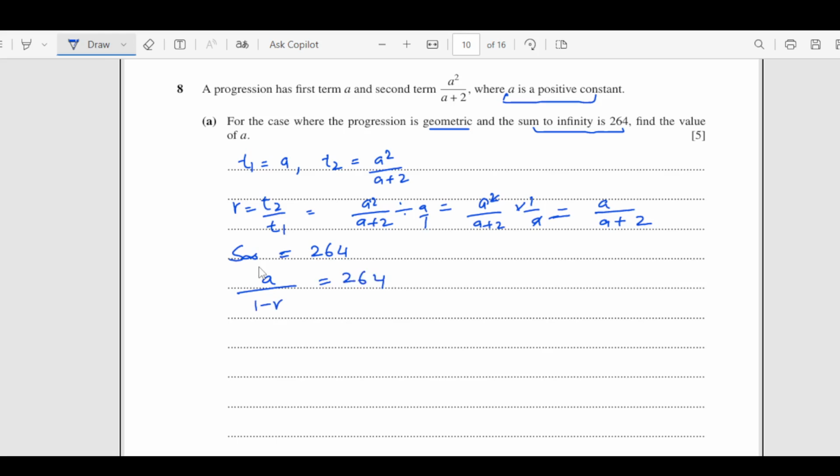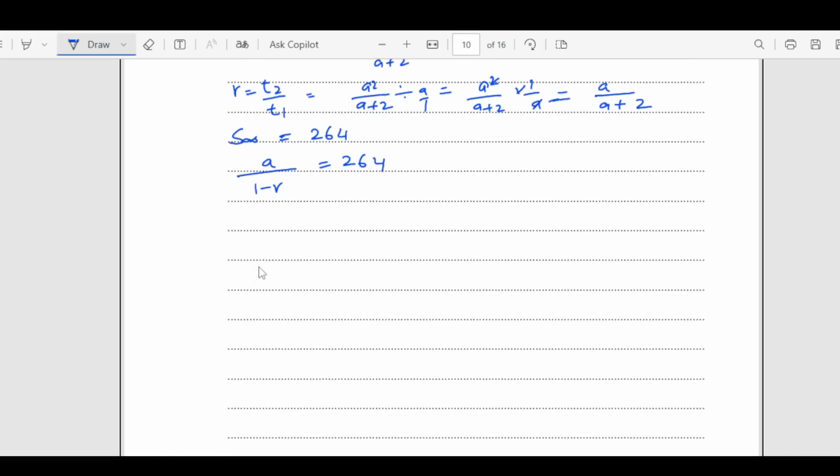So let's substitute this value. The first term a remains as it is, over 1 minus r, which is 1 minus a over a plus 2. We can simplify this: a over, with LCM a plus 2, a plus 2 minus a over a plus 2.